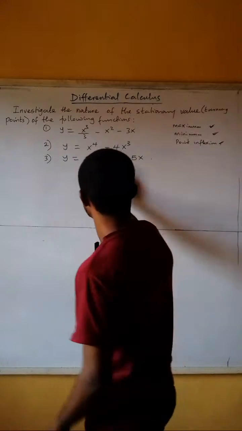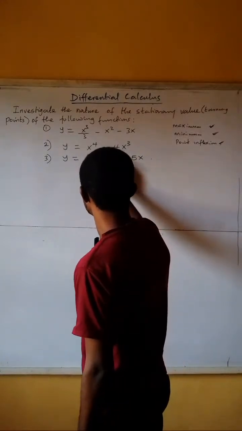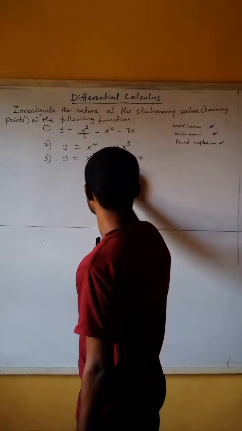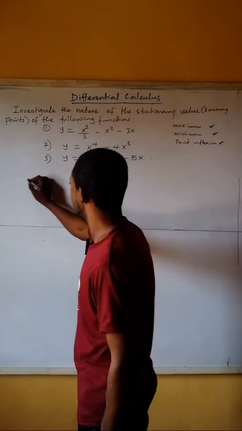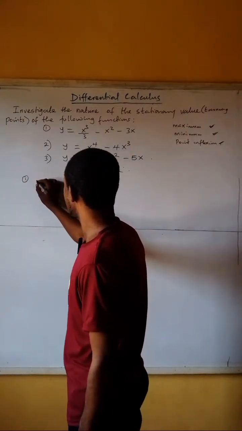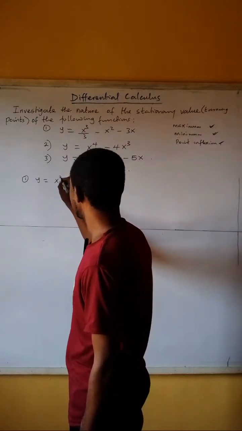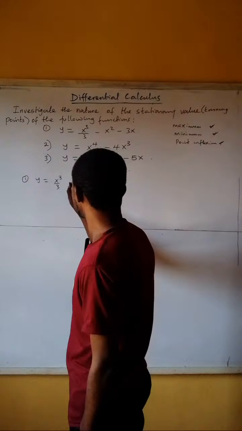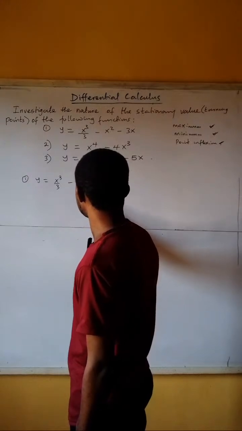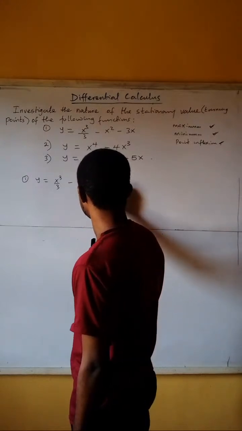The first thing here is to get the turning point, which is also the stationary point. From what is given here, y equals x³/3 minus x² minus 3x.